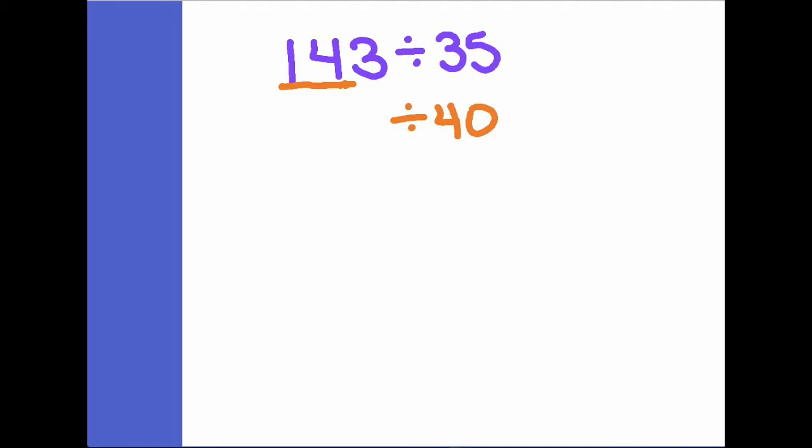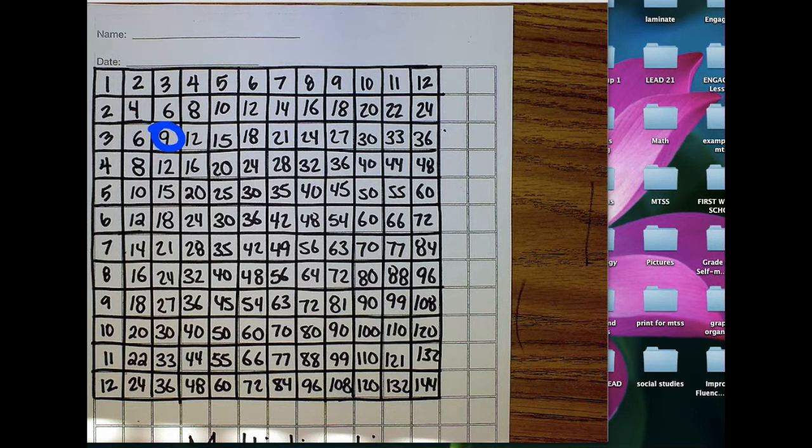So now we're going to look at our place value chart. What are we dividing by? 4, right? So we're going to go to the 4 column. And what number are we trying to get close to? 14. Well, here's 12. And here's 16. So 14 is somewhere between 12 and 16, isn't it? Yeah.